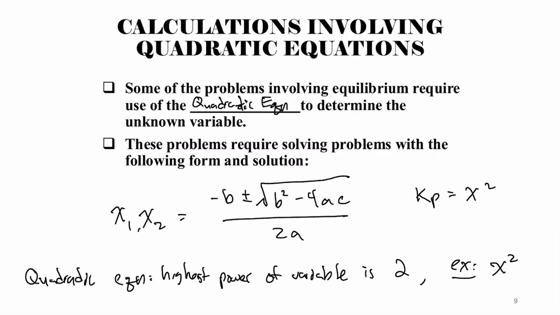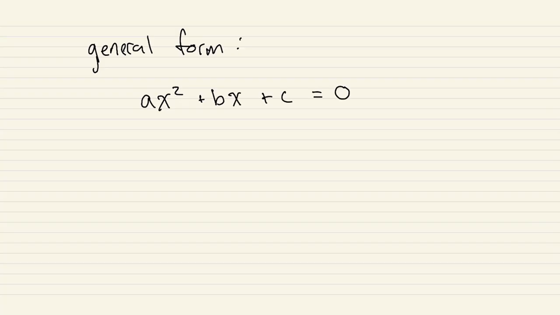And so the general form for a quadratic equation is going to be a x squared plus b x plus c is equal to 0.